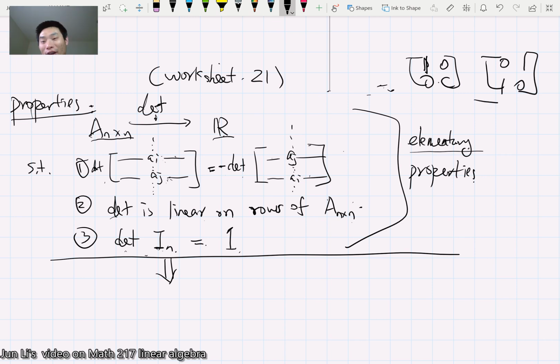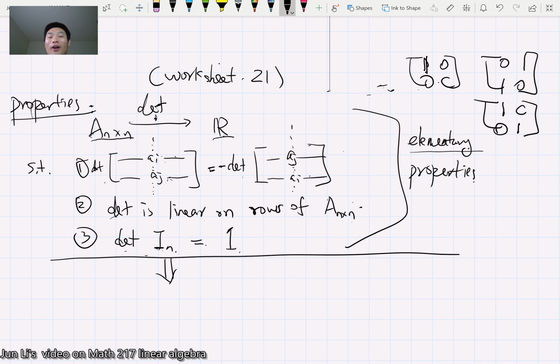And then the last one, add a row to another: 1, C, 0, 1. Look at the three properties and see what the determinant values of these three matrices are.